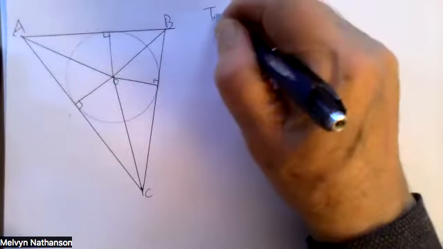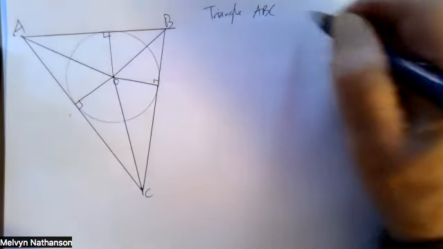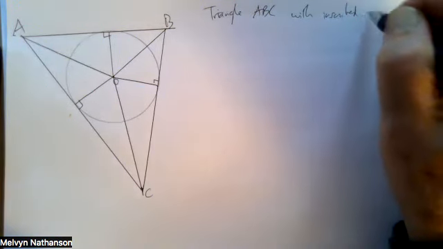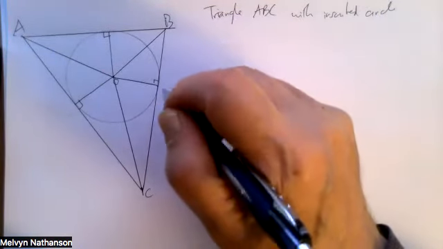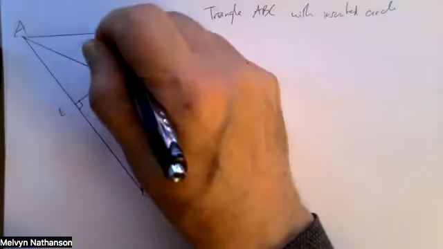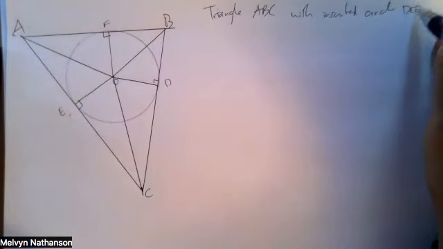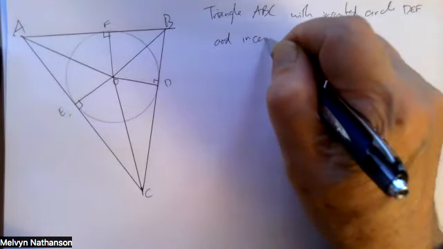So here we have a triangle ABC with an inscribed circle. I call these points D, E, and F. So the circle is DEF, and the incenter is this point O.